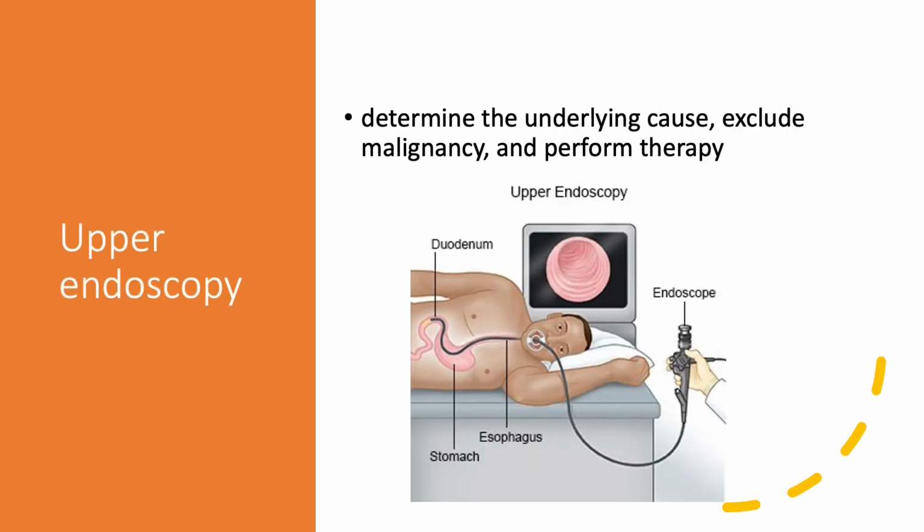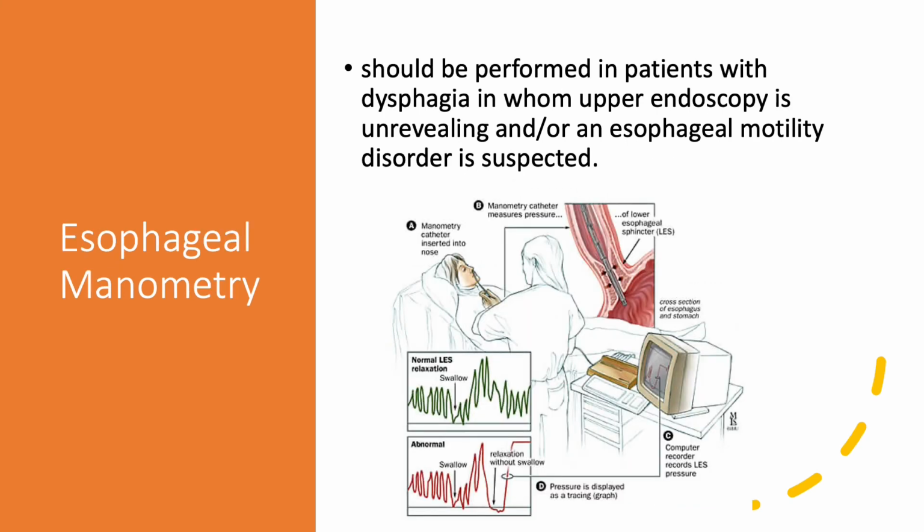Patients with esophageal dysphagia should be referred for an upper endoscopy to determine the underlying cause, exclude malignancy, and perform therapy if needed. Esophageal manometry should be performed in patients with dysphagia in whom upper endoscopy is unrevealing and or an esophageal motility disorder is suspected.